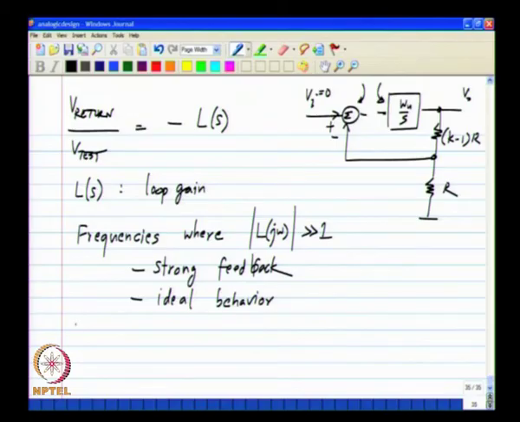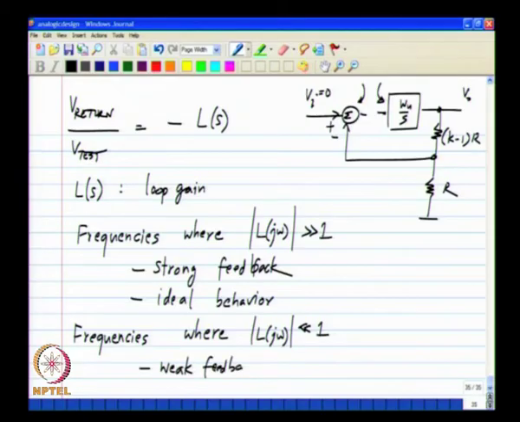And the frequencies where L of j omega is much less than 1, you have weak feedback and non-ideal behavior. Okay.